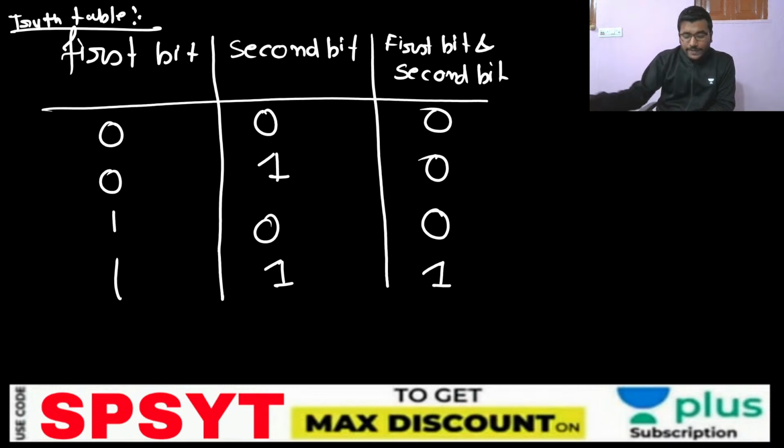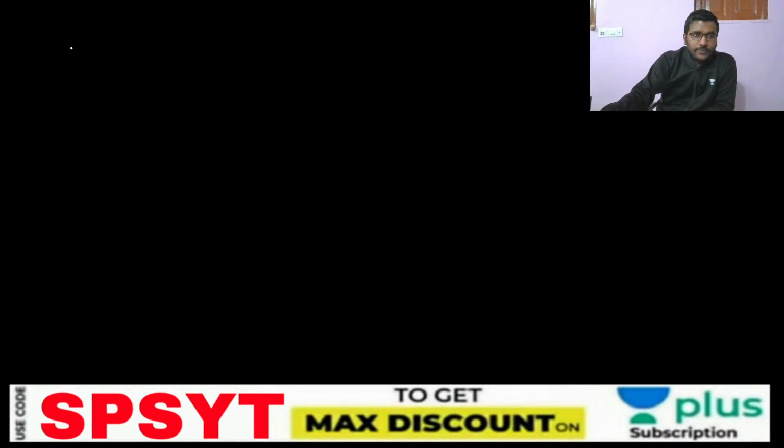Now I will take one example. Bitwise AND operates bit by bit.